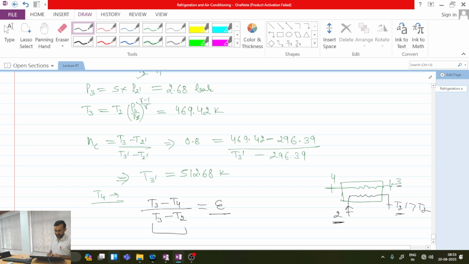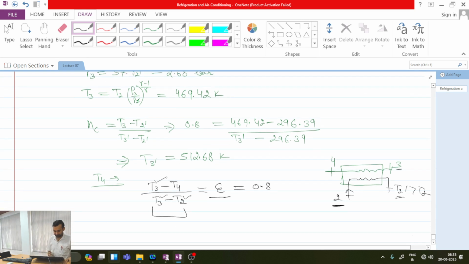That is ideal heat transfer, but in actual practice it is being cooled only up to temperature T4, which is larger than T2. So T3 minus T4 is this. I know T2, I know T3. So from here what will I get?